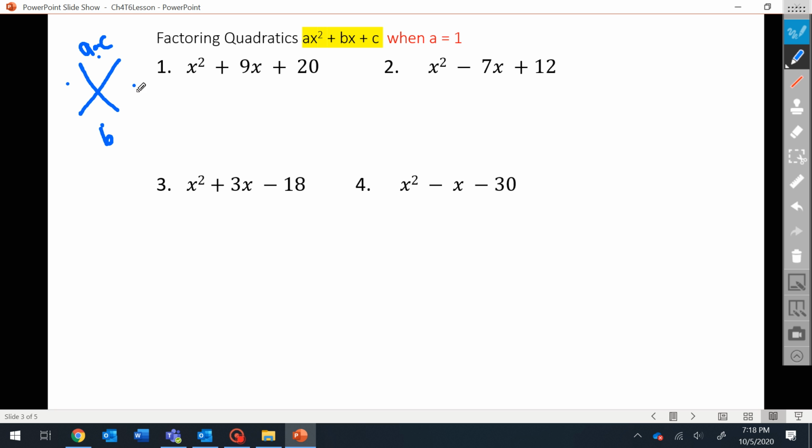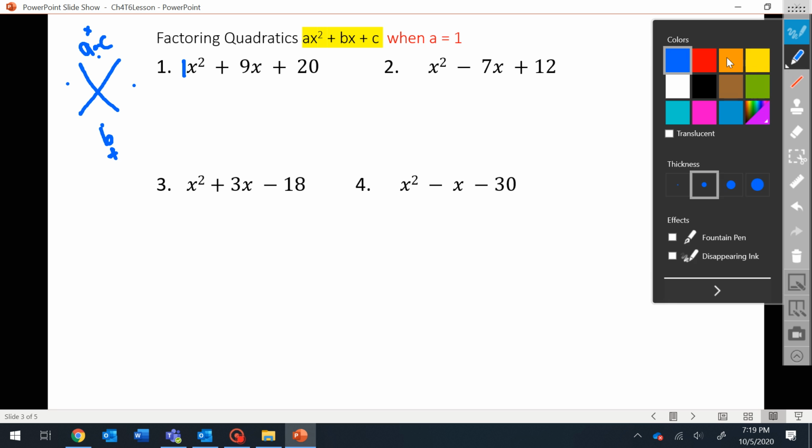And in the left and right, I put the factors of a times c that add to b. So I'm looking for things that multiply to give me a times c and also add to give me the b term. Keep in mind that in all of these cases a is 1.